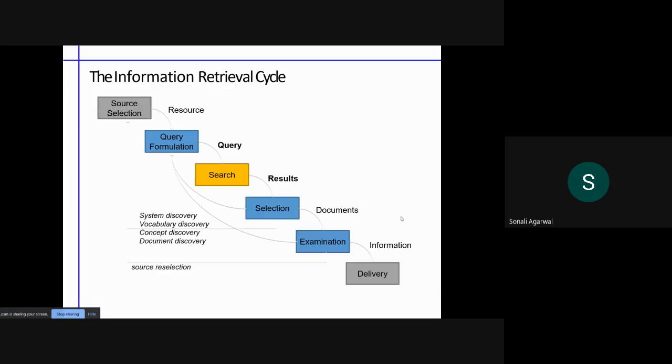If we go for a typical information retrieval life cycle, the first task is source selection. If I correlate this with the big data environment, you can understand that source selection has ample opportunities.